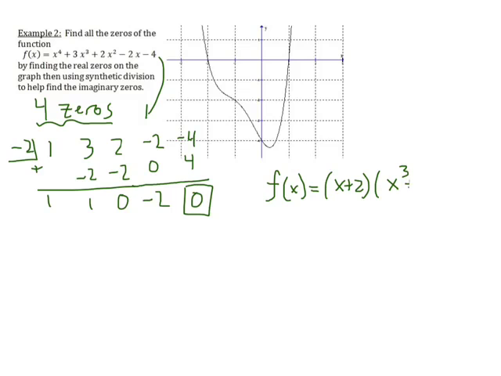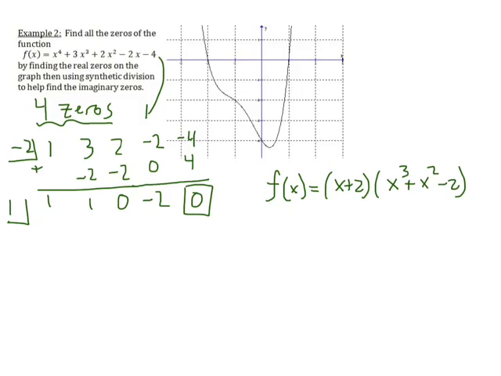So we have x cubed plus x squared minus 2. But now the question is, can we factor this some more? We're going to continue here, and we can just use this 0 here, which is positive 1.